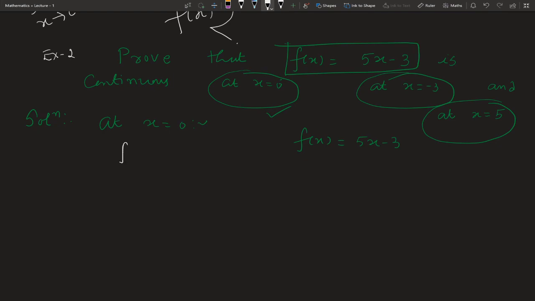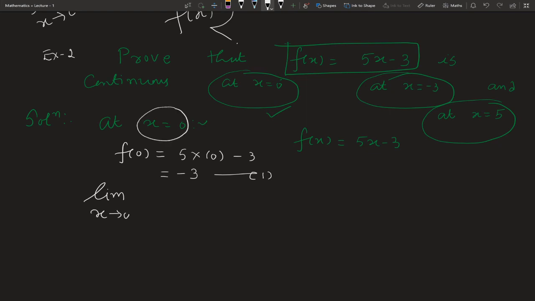So f of 0, take x equal to 0, 5 into 0 minus 3, so the value is minus 3, say result number 1. Now we have to check continuity at x equal to 0, so limit x tends to 0 of f of x.